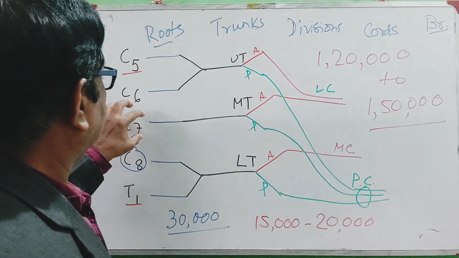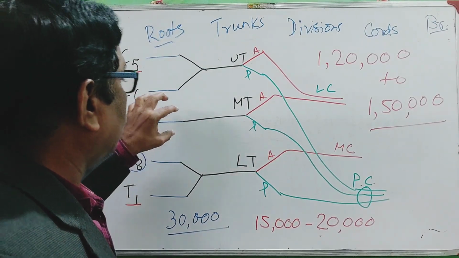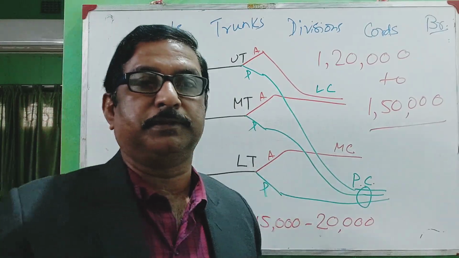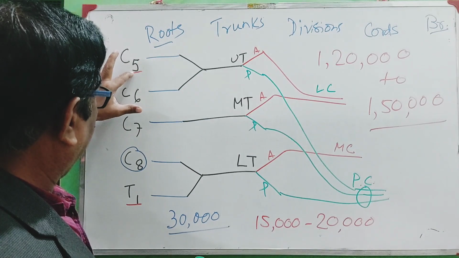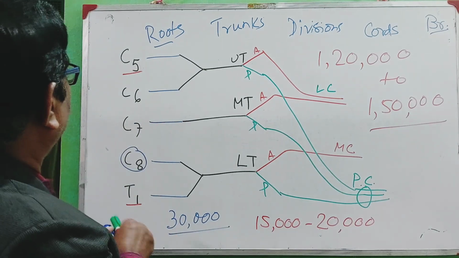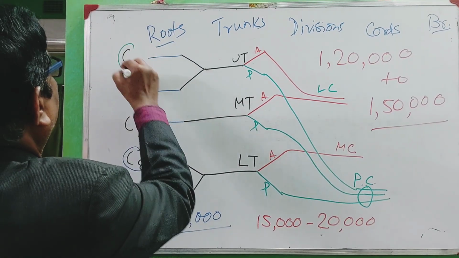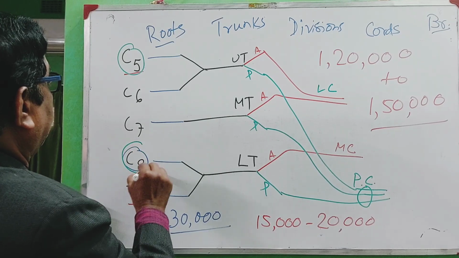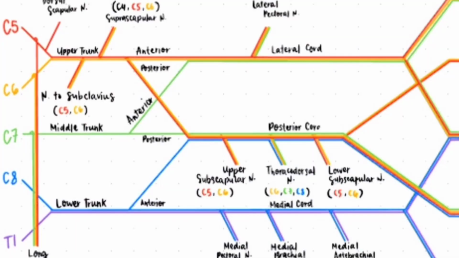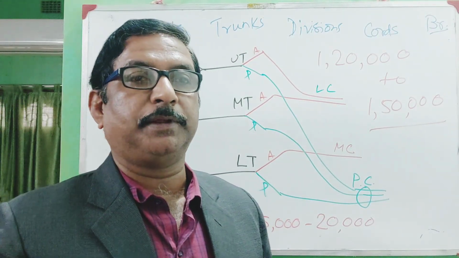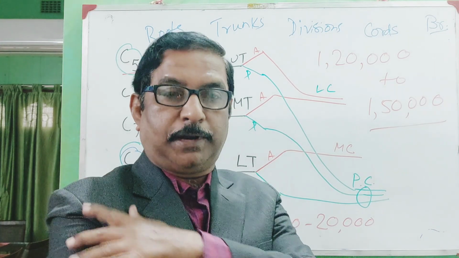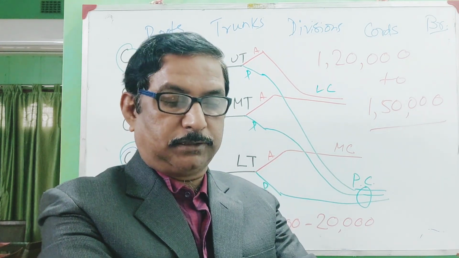The C7 root contributes mostly sensory fibers, and C5 and C8, these two, contain mostly motor fibers, because we know the brachial plexus supplies the whole upper limb, the joints, muscles and the skin or cutaneous supply.